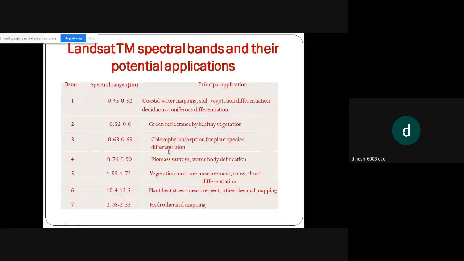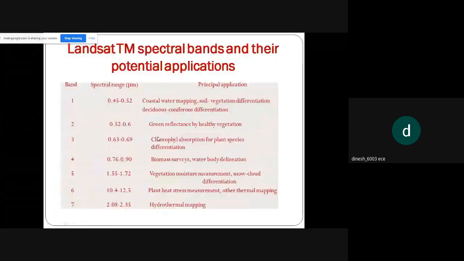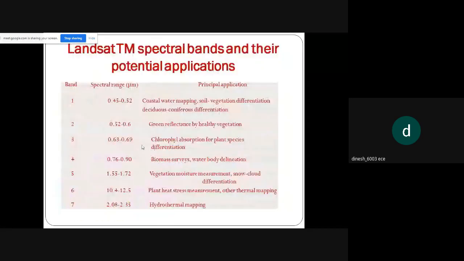These pictures were being taken by the Landsat TM5. So the potential applications of the TM5 are being shown here. Landsat TM5, spectral bands and their applications.